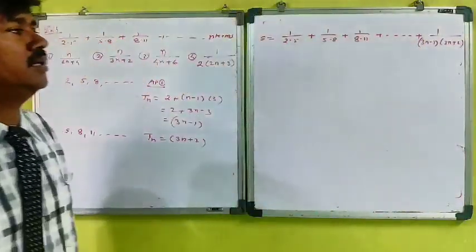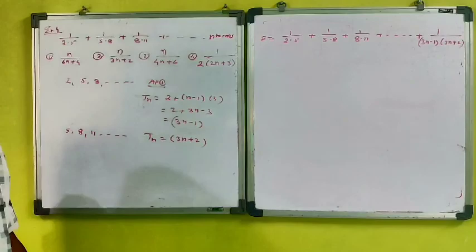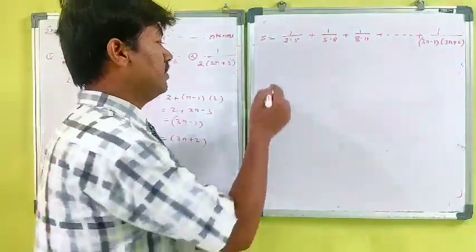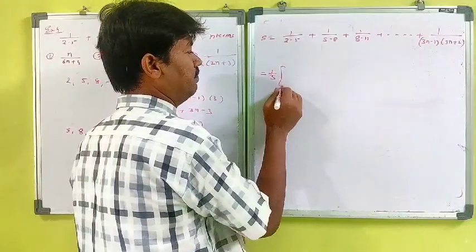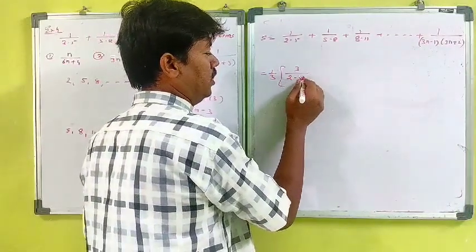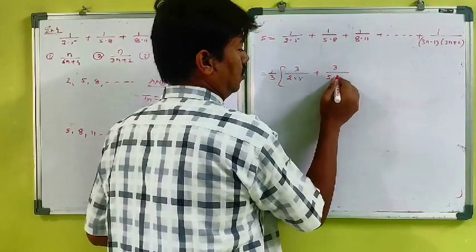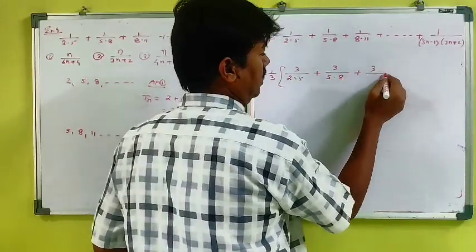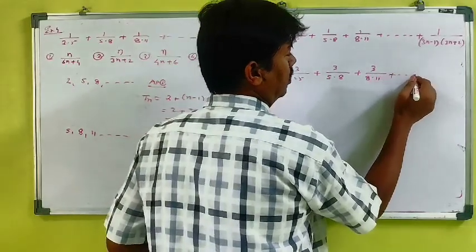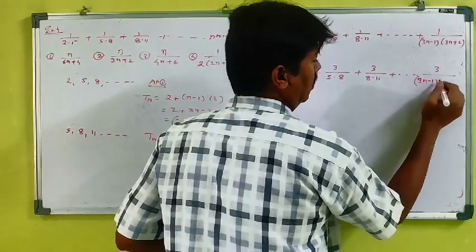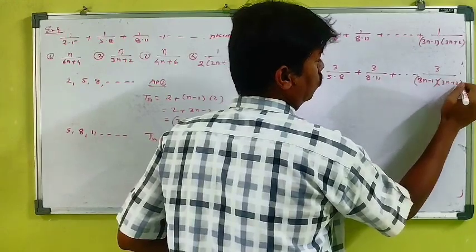And you know here the difference is 3, so multiply and divide by 3. The purpose is also known to us from the previous sum: 3 upon 2 into 5 plus 3 upon 5 into 8, 3 upon 8 into 11, dot, 3 upon (3n minus 1)(3n plus 2).